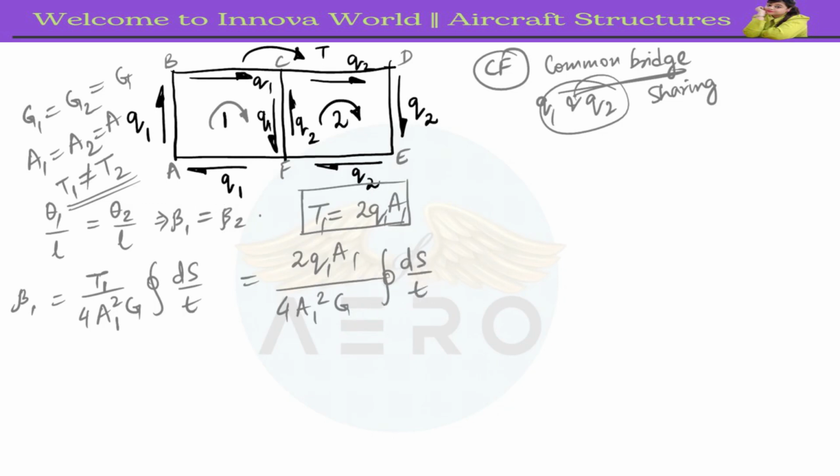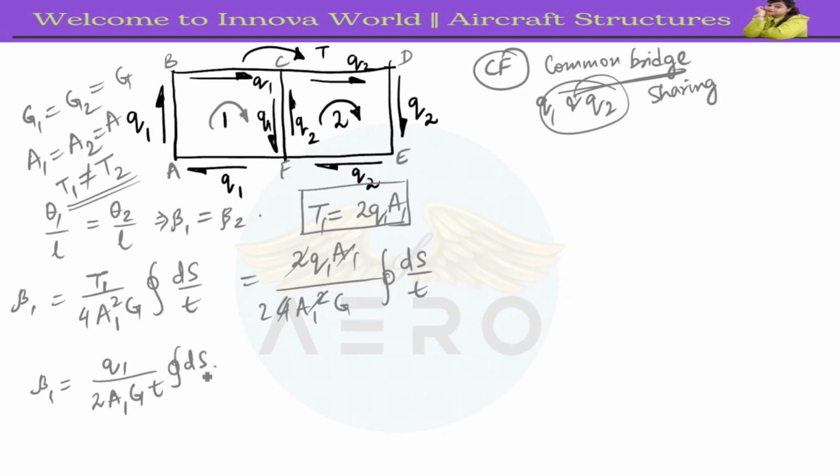The thickness I am also taking as constant. Now this and this will get cancelled off. So I will get my theta 1 as q1 by 2A1 G t, integral ds.